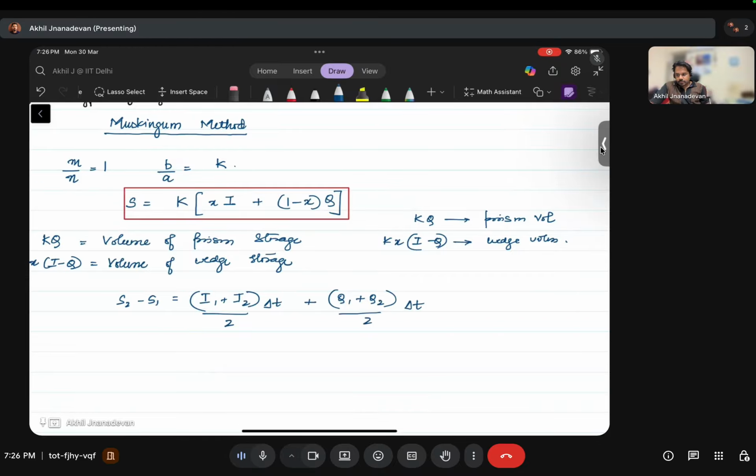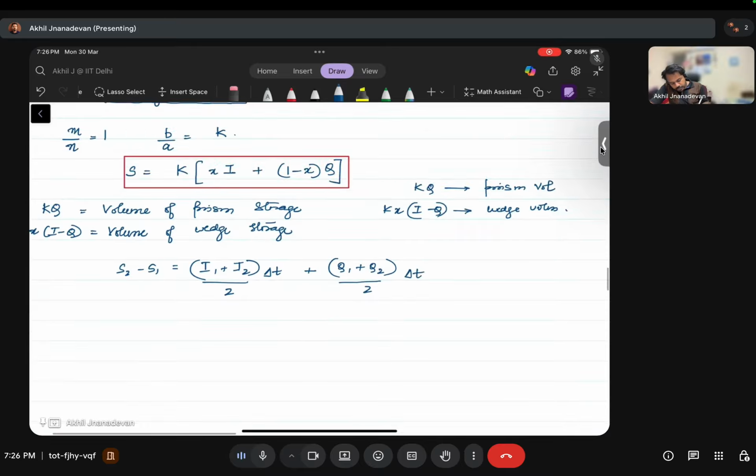S1 and S2 we can substitute here: S1 is K into [x I1 plus (1 minus x) Q1], and S2 will be K into [x I2 plus (1 minus x) Q2].